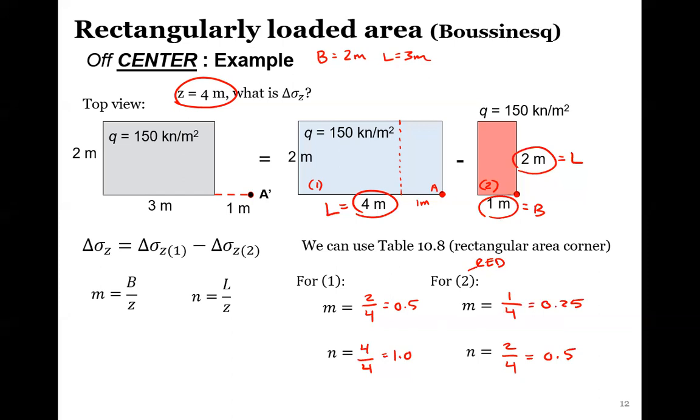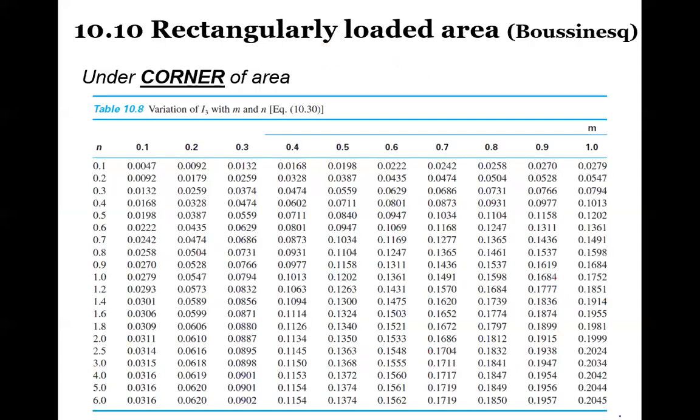All right, so what we would do now is flip over to table 10.8. And again, this one is our I3 value, since we're looking at under the corner of the footing, not the center. So we look for our I3, make sure that you're reading the right one.